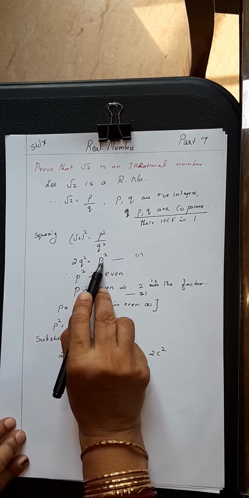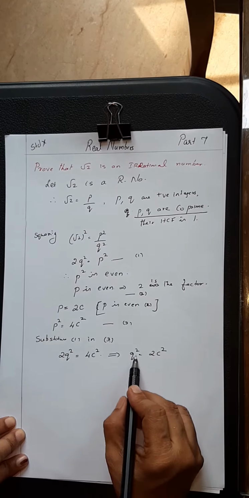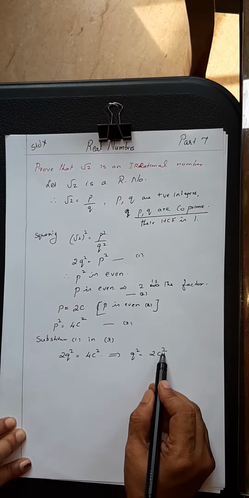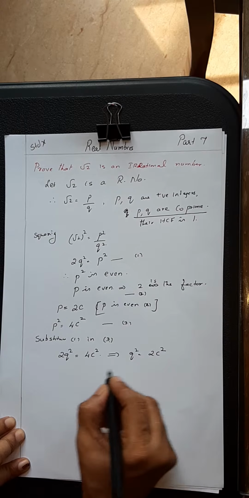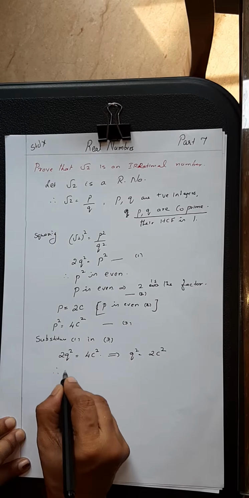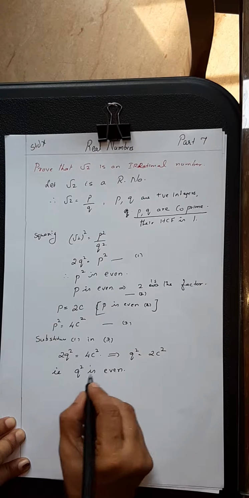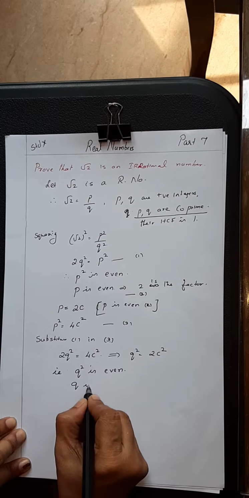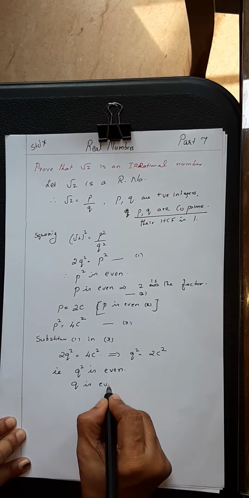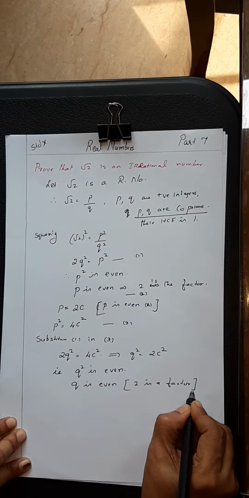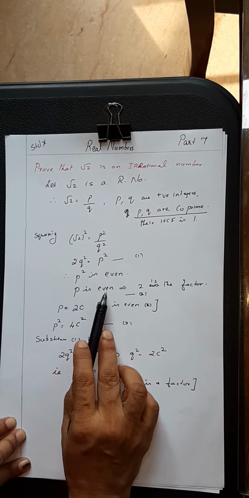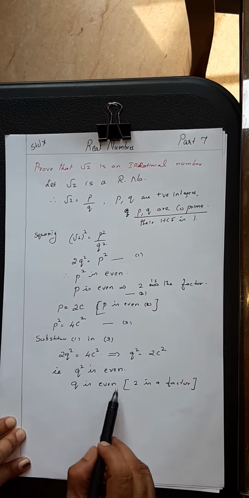Earlier you got p squared is equal to 2q squared; now q squared is equal to 2c squared. That means q squared is even, so from that you can say q is even. So 2 is a factor. We got p is even, so 2 is a factor, and q is even.